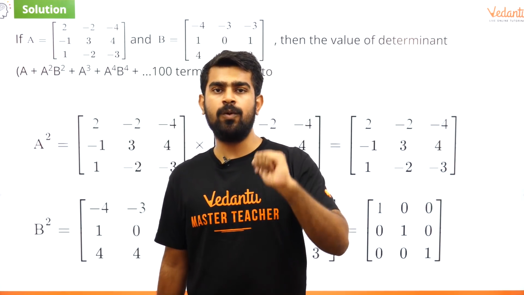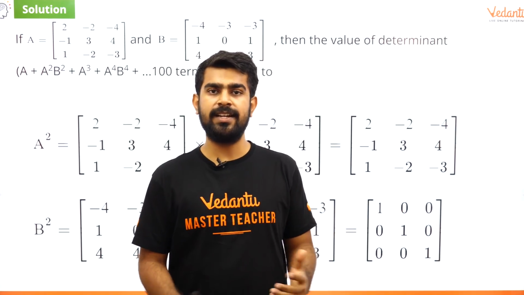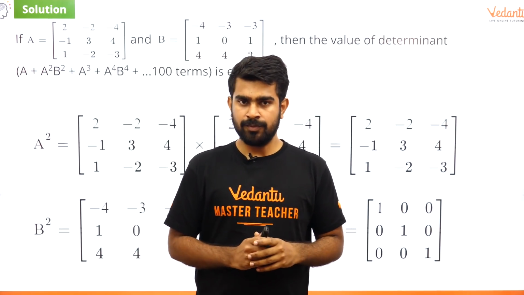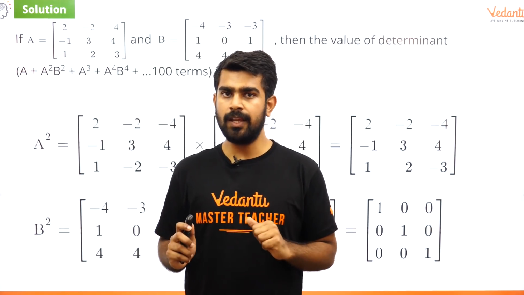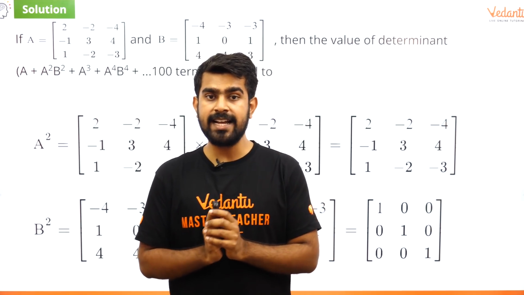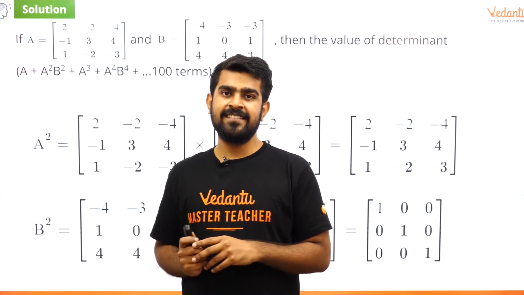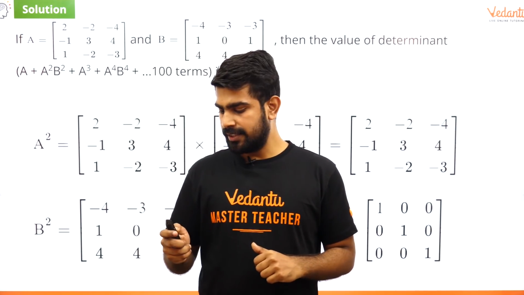A square equal to A, what is such a matrix called as? And what is B square equal to I, and what is such a matrix called as? Okay, so if B square equal to I, B is going to be its own inverse. Okay, and if A square is equal to A, such matrices are called as idempotent matrices.